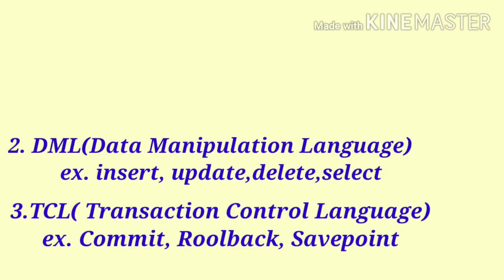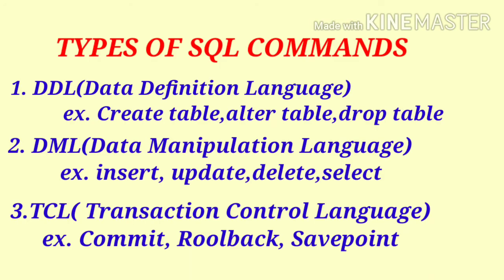Now MySQL commands are basically divided into three categories. DDL, data definition language, which is used for defining the data: create table, alter table, drop table. These three come in DDL. The second category is DML, when you want to manipulate the data: insert, update, delete, select. By using all these commands, we actually manipulate the existing data. That's why it comes in the category of DML. And the third category is TCL, transaction control language commands.